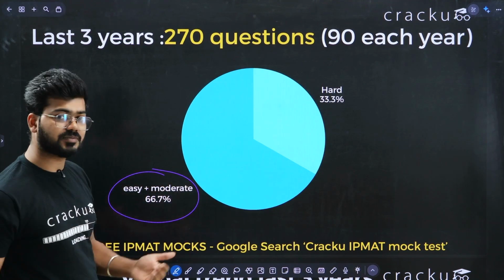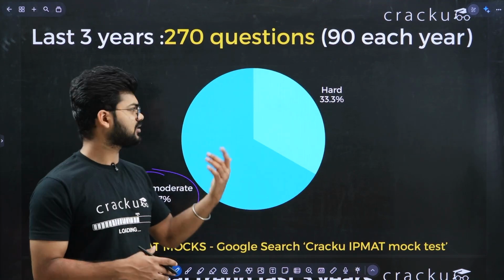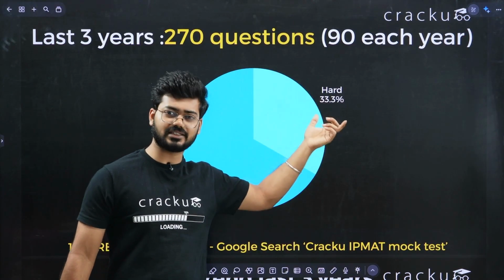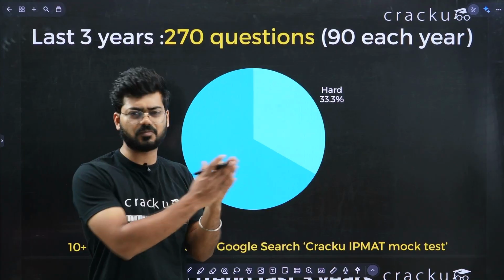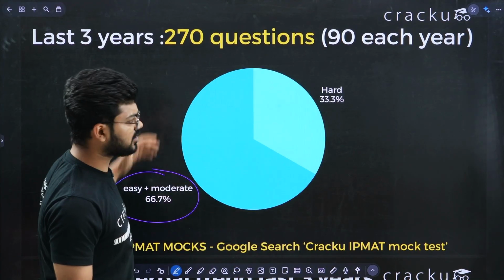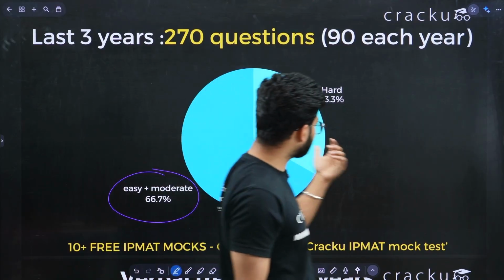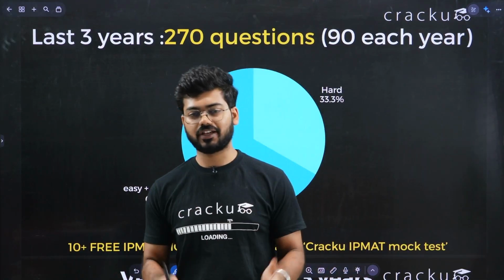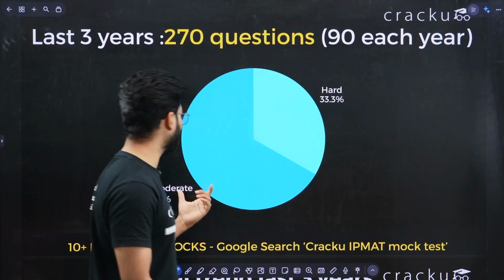Some types of questions may be moderate for some persons and hard for others. For some persons, a hard question may actually seem easy if they have a very good understanding of, let's say, permutation and combination or some really hard topic. But on a general level, if we keep the exceptions aside, this is how the data looks. So, coming back to our categorization of what is easy, moderate and hard.